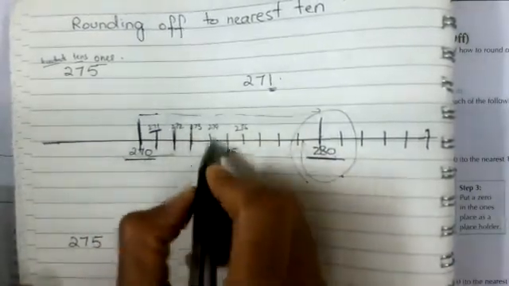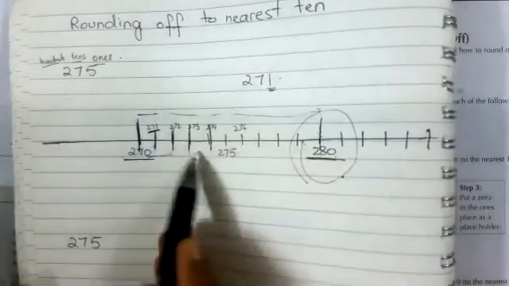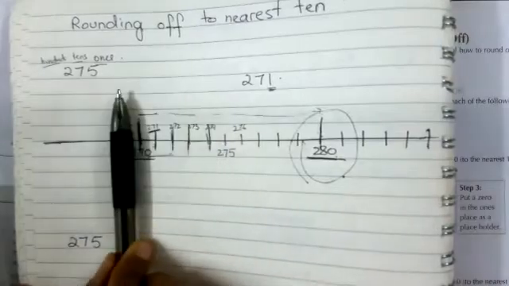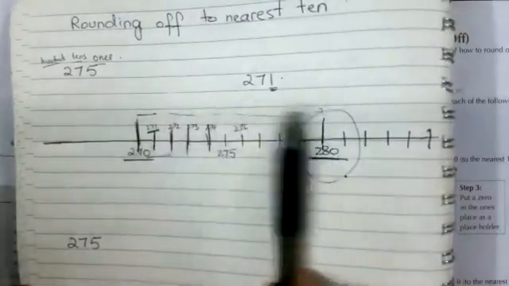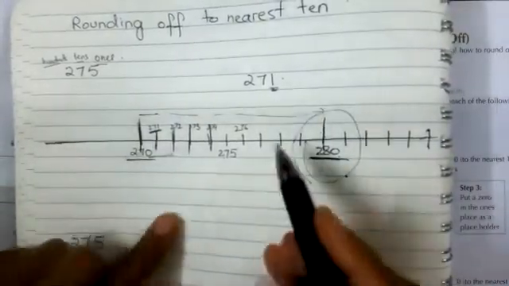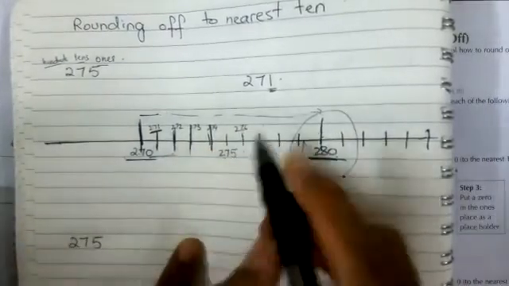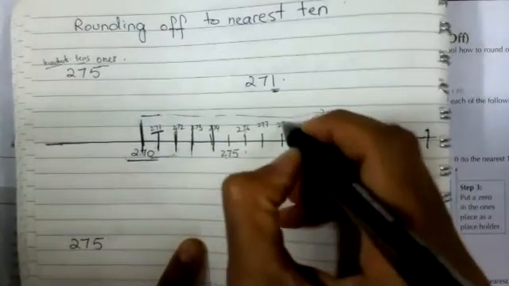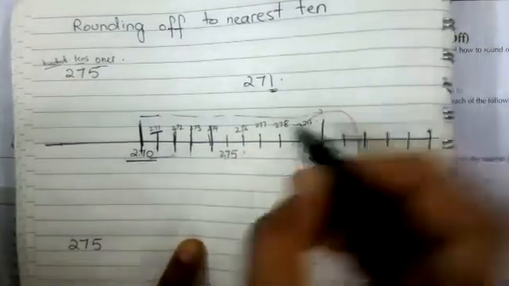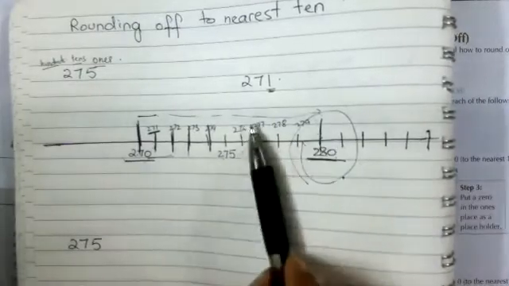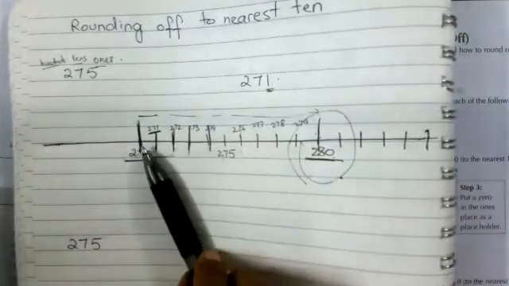All these numbers which are before 275 are going to be closer to 270 as compared to 280. But when the numbers get bigger than 275, for example 276, 277, 278, 279, now these numbers are closer to 280 as compared to 270.